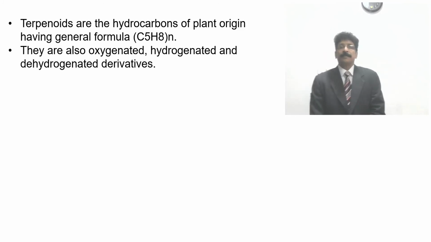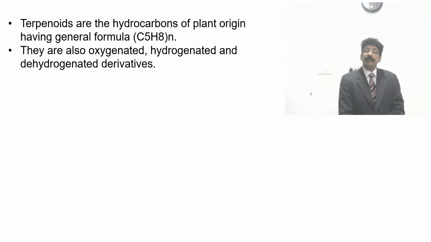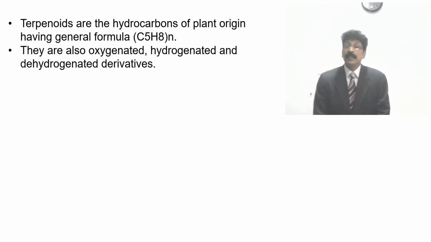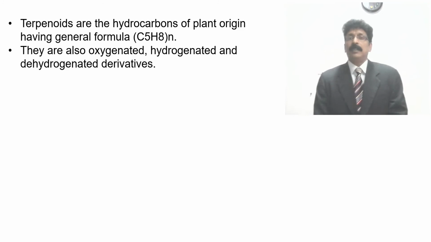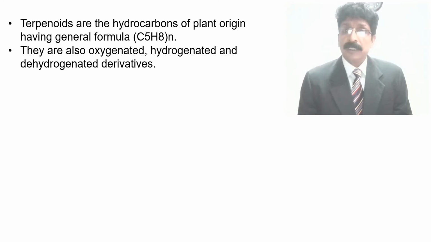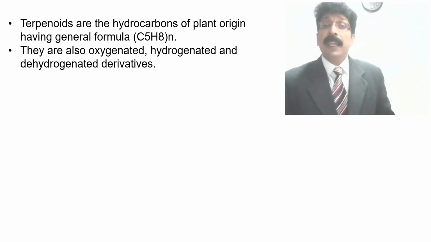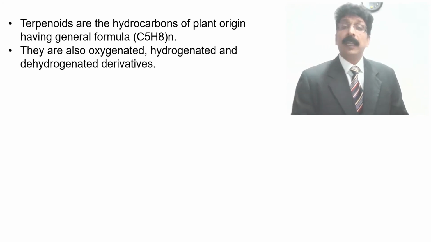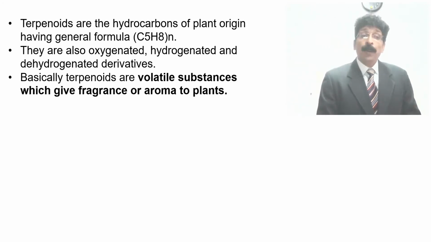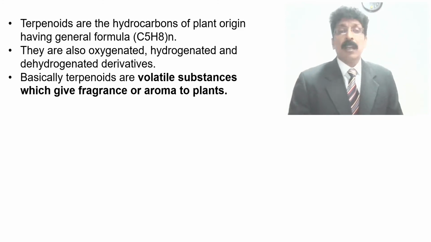They are also oxygenated, hydrogenated and dehydrogenated derivatives. Basically, terpenoids are volatile substances.